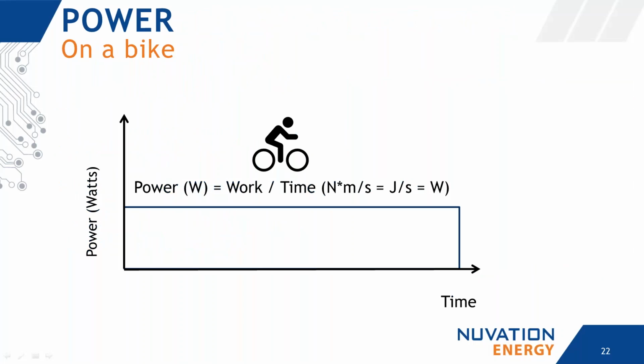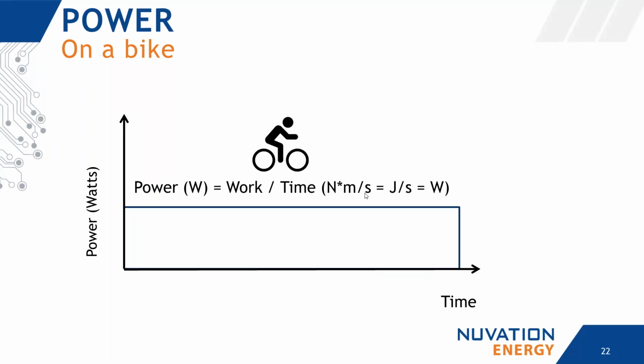So let's look at power on a bike. What does that look like? Well, this is mechanical power because you're turning the cranks around and around. Generally the way we define that is work divided by time. And this mechanical work is a force over a displacement, so that's commonly Newton meters as the unit.